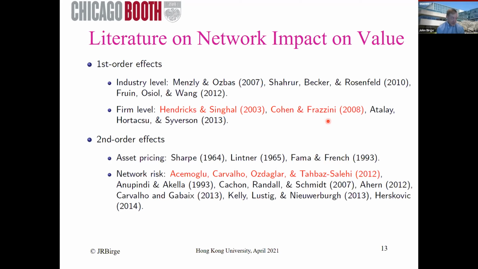There have also been studies of second order effects, mostly on the theoretical side. And this paper by Acemoglu and others focuses on a theoretical model of how risk is propagated through the overall network of firms. And what that paper shows is that it's possible that you have idiosyncratic shocks, say in one part of the world or in one industry within the world.